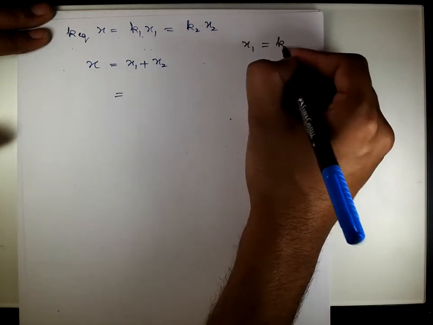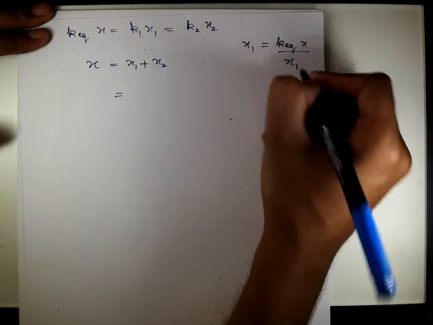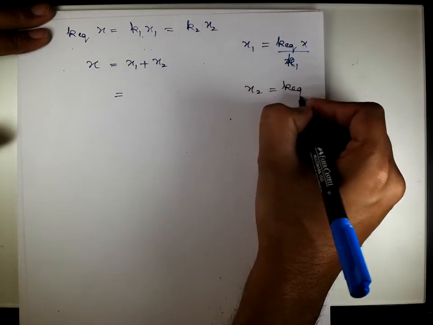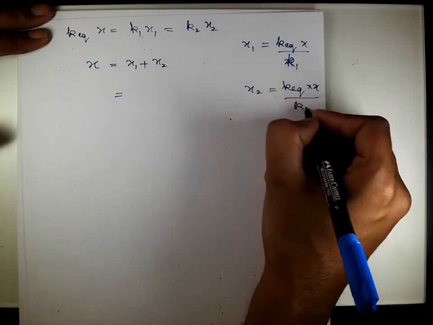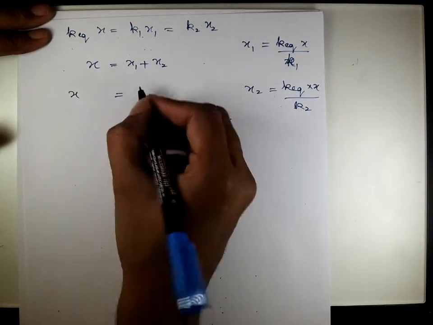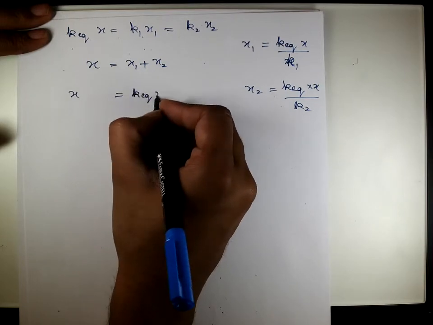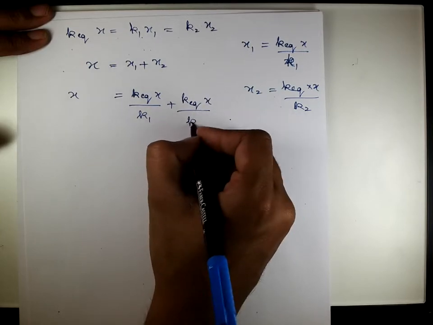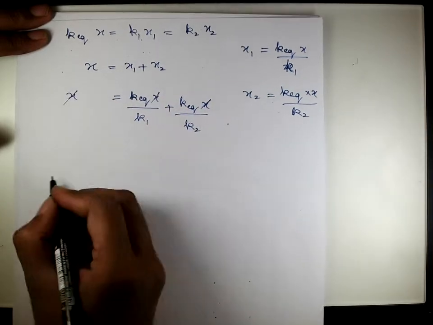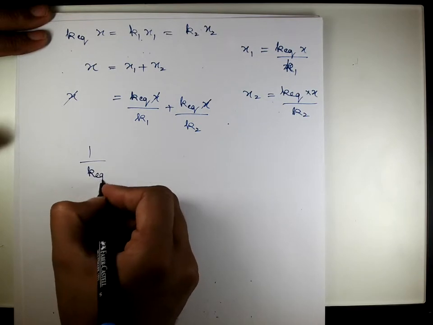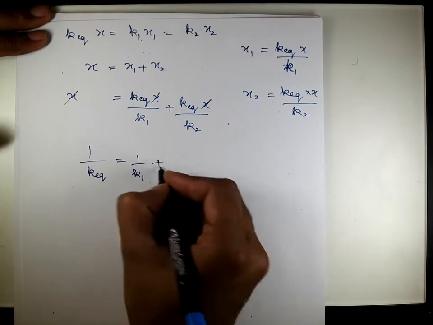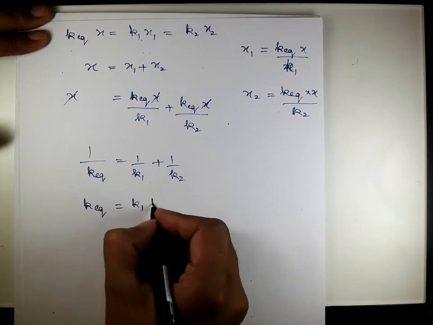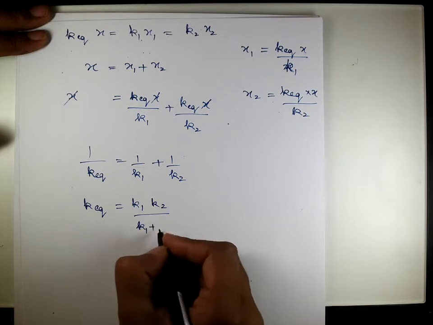From the above equation, x1 is k equivalent into x divided by k1, and x2 is k equivalent into x divided by k2. So x equals k equivalent into x divided by k1 plus k equivalent into x divided by k2, out of which x gets cancelled. So 1 by k equivalent comes out to be 1 by k1 plus 1 by k2, or k equivalent is k1 k2 divided by k1 plus k2.